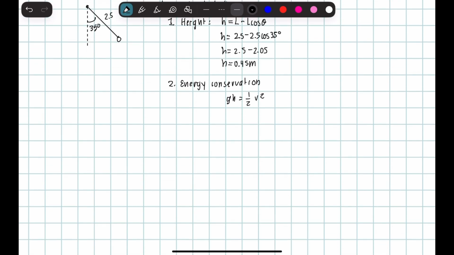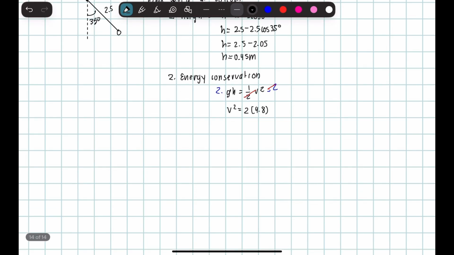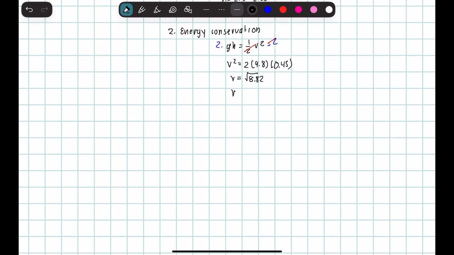Then we can solve for v by multiplying both sides by 2 and also taking the root. So we have v squared is equal to 2 times 9.8 times 0.45, and then v is equal to the square root of 8.82. So v is just equal to 2.97 meters per second.